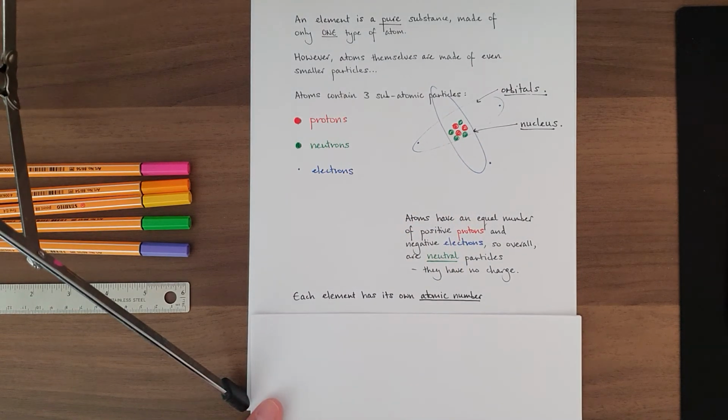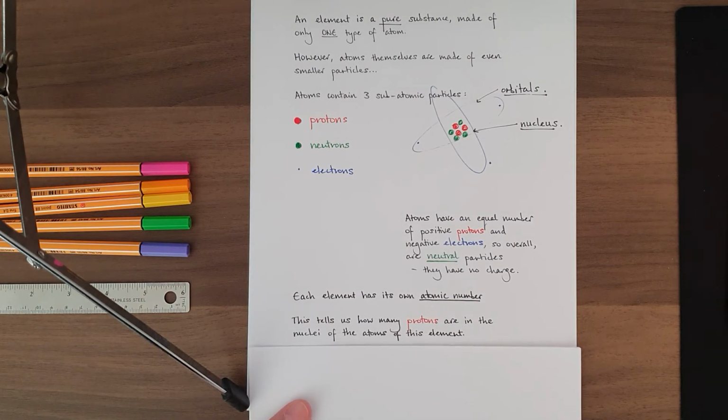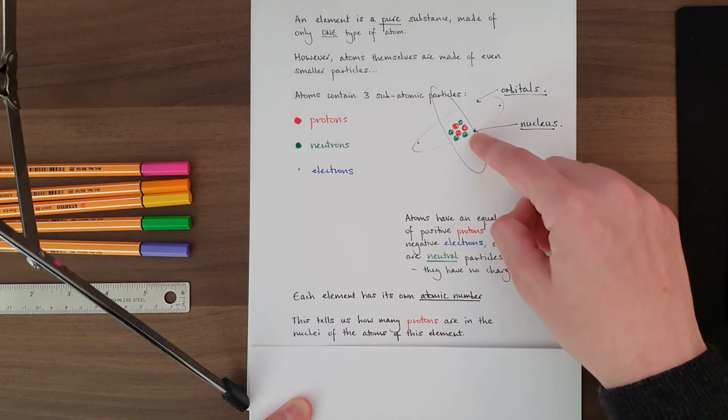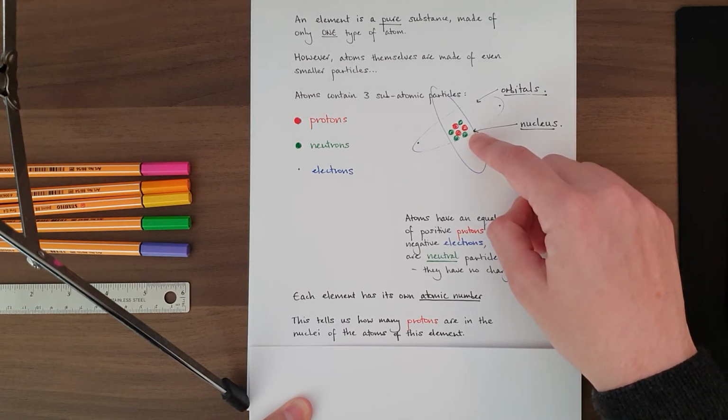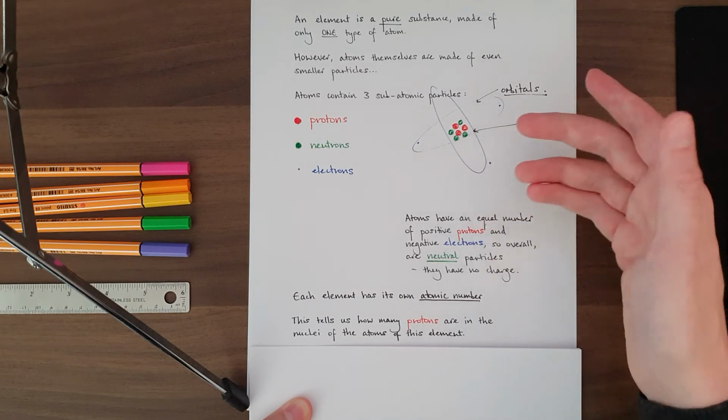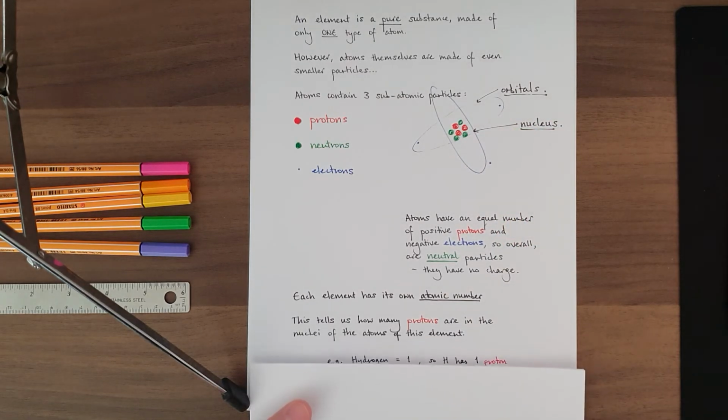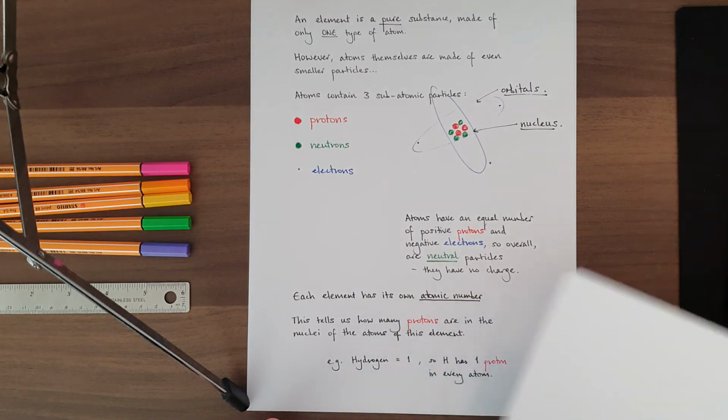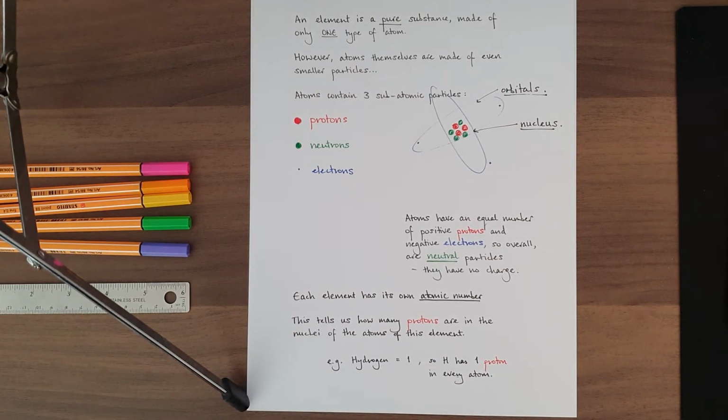So each element has its own atomic number, and that number tells me how many protons are in the nucleus of that element's atoms. So, for example, if I look at my periodic table, I will see that hydrogen has an atomic number of 1. So what does that mean? That means hydrogen, if I took a single atom of hydrogen, I know that it has 1 proton. That's what the atomic number tells me.